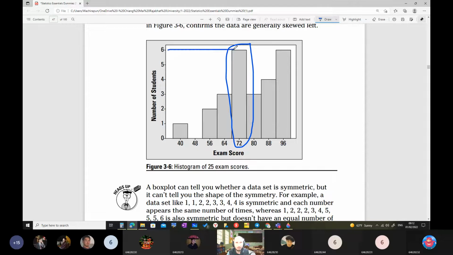Around 6 students got 72, and the same number got high scores, and just one student got very low. Okay, for the teacher, now he can understand whether students understand, and a few students are stuck here.